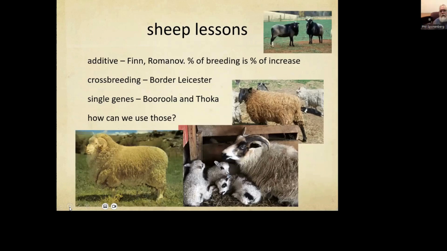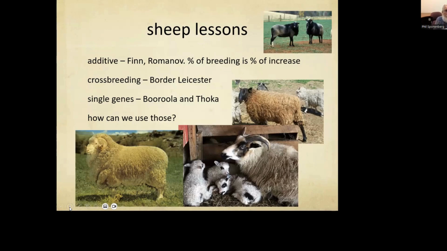Now, there are some lessons from sheep in the level of fertility here. Some sheep breeds use a genetic mechanism that's additive, and the Finn and the Romanov do this. The upper photograph is Romanovs, and this is easy to use because the percentage of Finns and Romanovs in a crossbred flock is going to increase the number of lambs by about that same percentage.